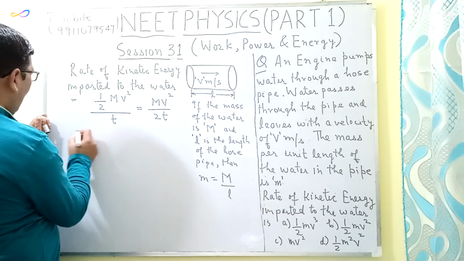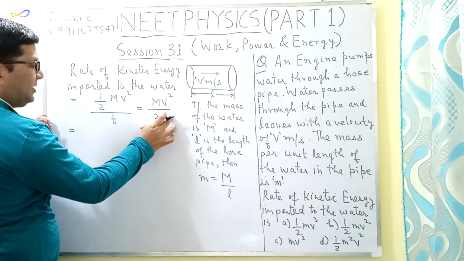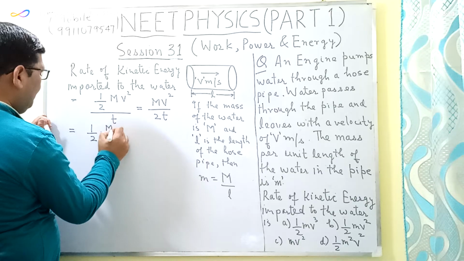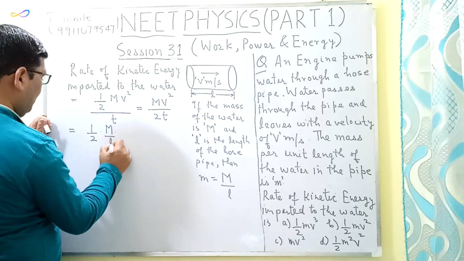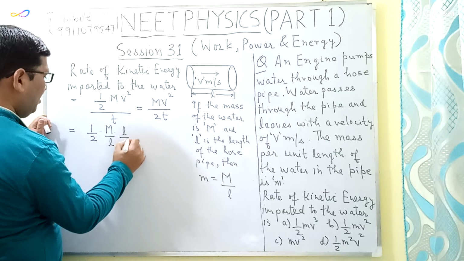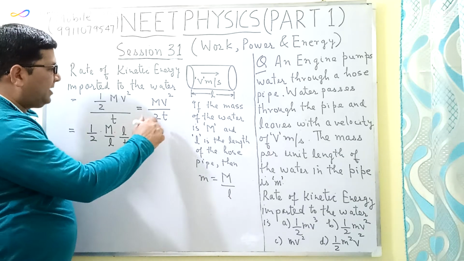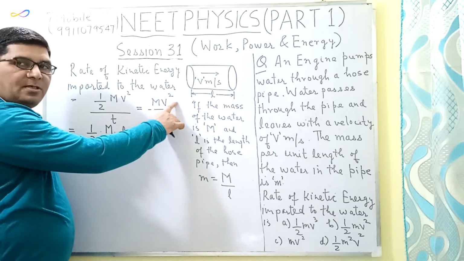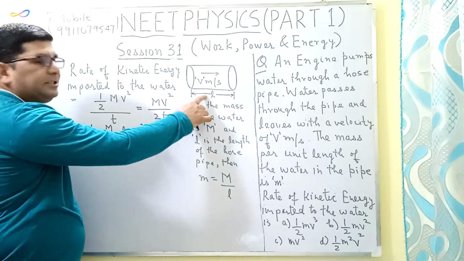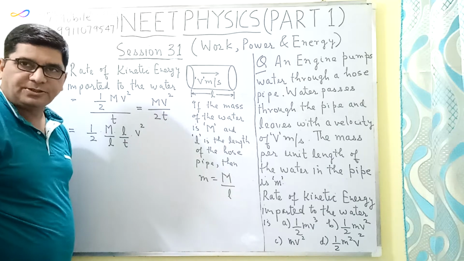So now what I will be doing is rewriting this equation. What I have done here is that I have multiplied the numerator and the denominator by this length L. So this equation and this equation are the same.